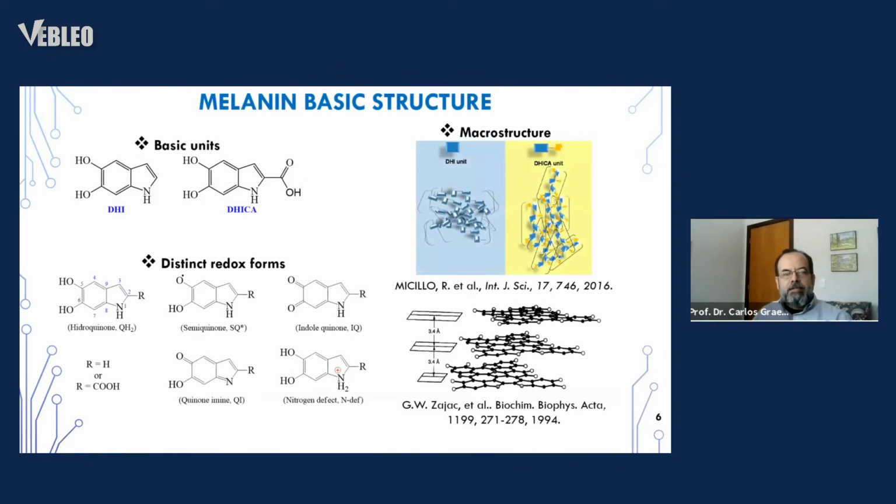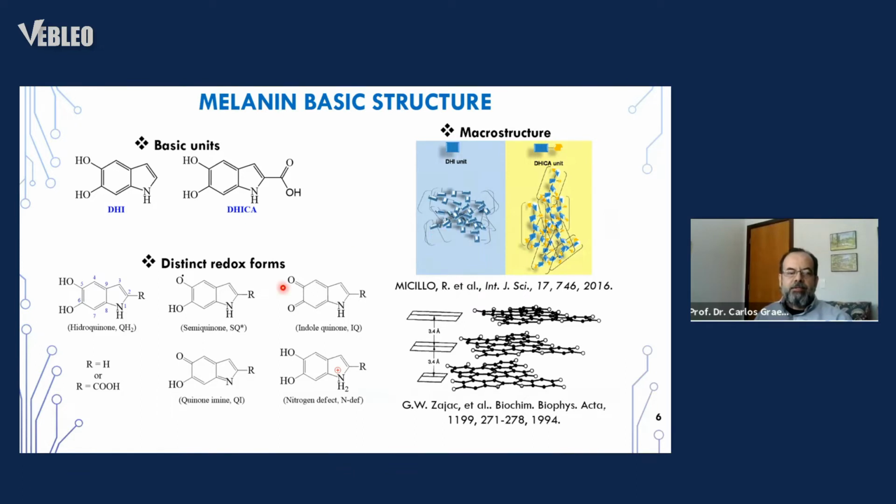So the basic structure of melanin is these two units, which we call DHI and DHICA, and they can make many redox forms like the hydroquinone and semiquinone, and then they pack together. Let me put this in laser mode. They pack together in quite a complicated way because it's not a very controlled synthesis.